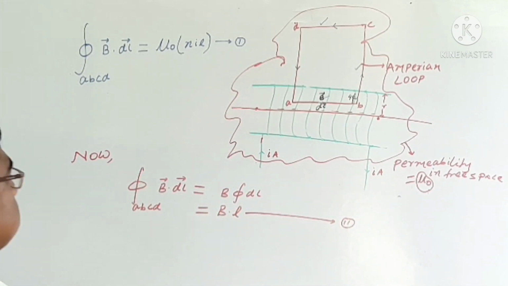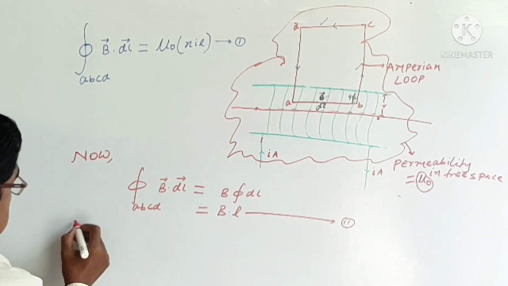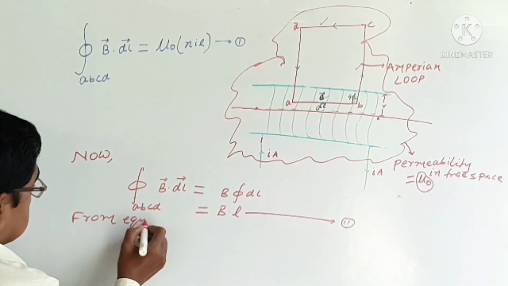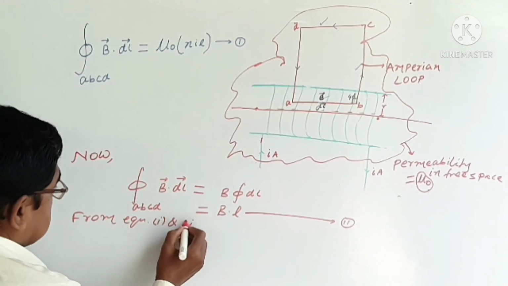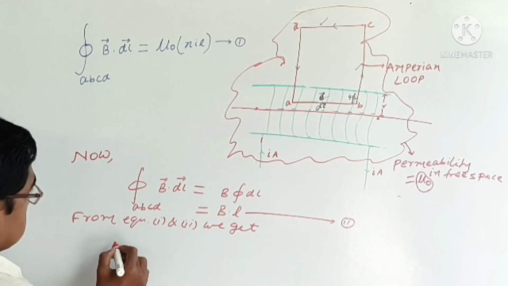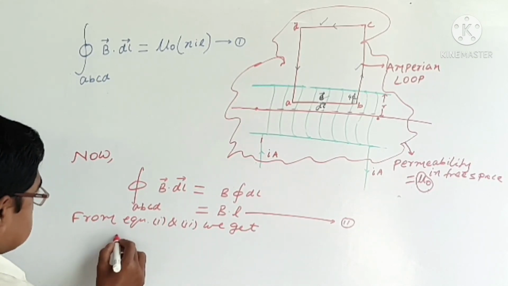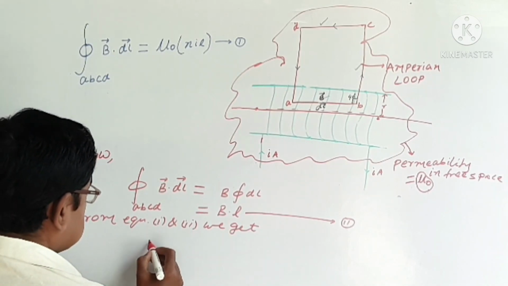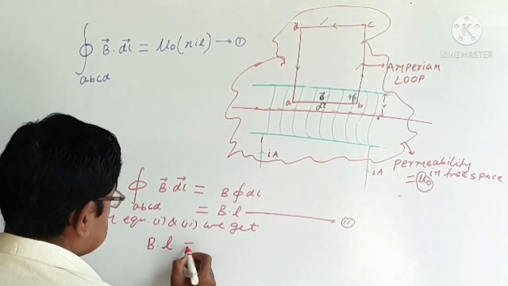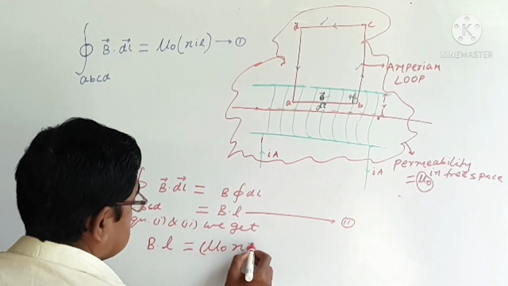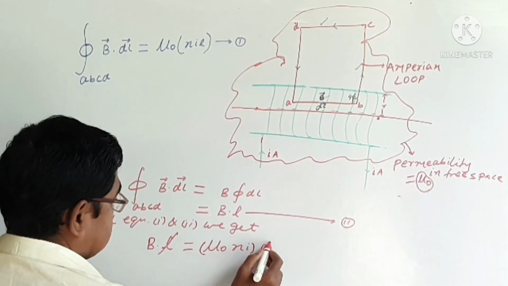With the help of the first and second equations, we get B L is equal to mu naught times N I L, and L is cancelled out.